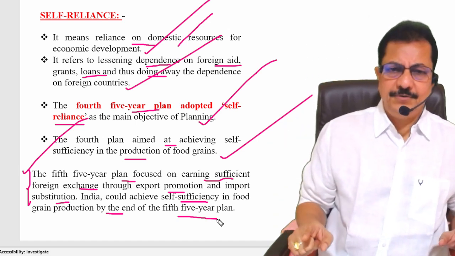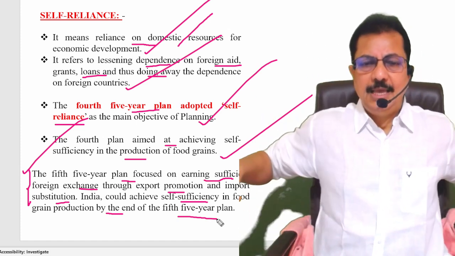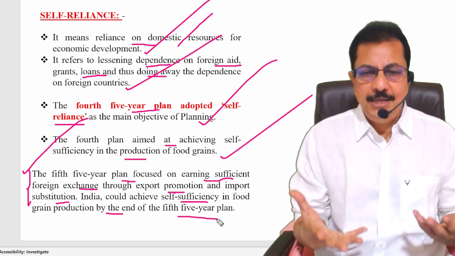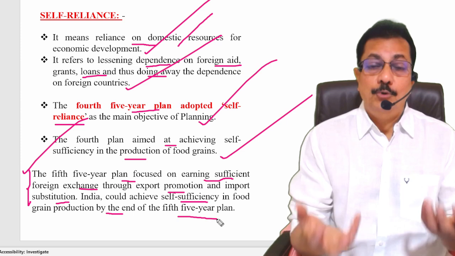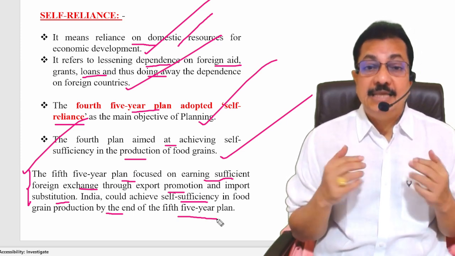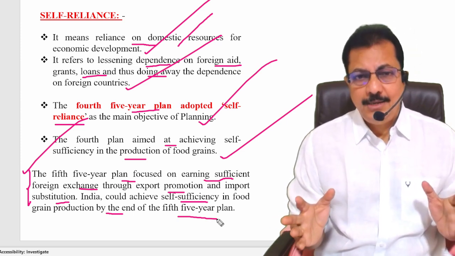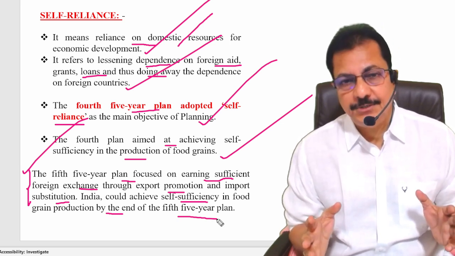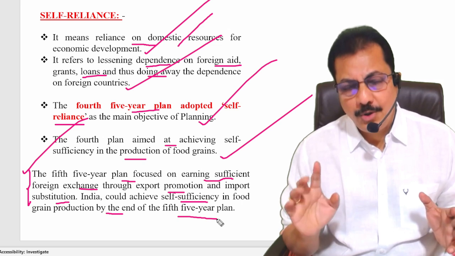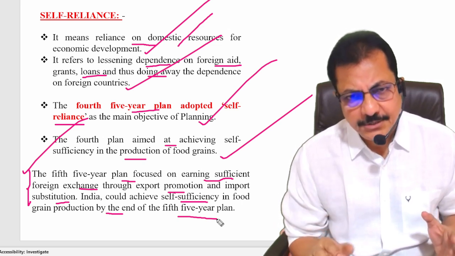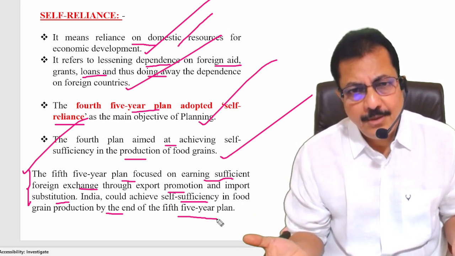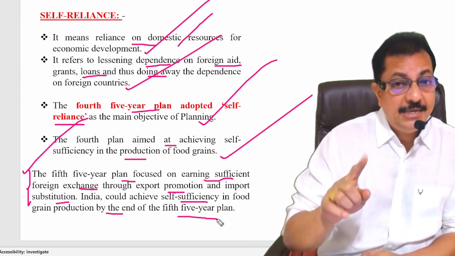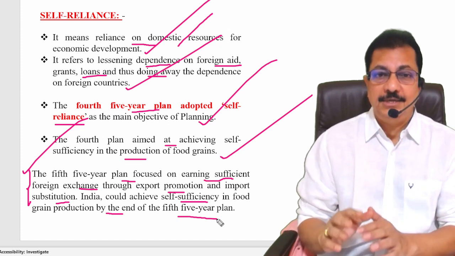Meaning, what do you mean by self-sufficient? Whatever is the amount of food grains required for the Indians, we need not depend on any country, and we are producing on our own, and we are self-sufficient. Right? So there is no concept of imports in self-sufficiency, because we have produced everything. But self-reliance is different. In self-reliance, we are producing our own goods and services.